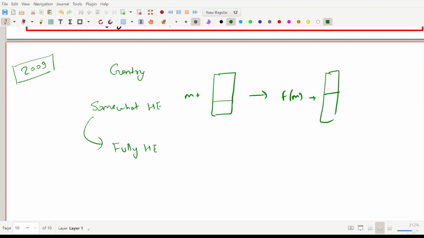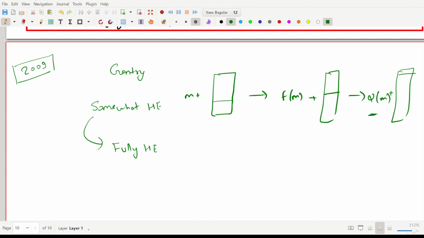And again you apply something, then this error will be something like this. Phi of m, then the error will be something here. After that, if you apply any operation, this error will be up from the threshold. Then if you try to decrypt, you won't be able to get the correct value. So I will be able to apply only till this operation. That's why it was called a somewhat homomorphic encryption scheme.